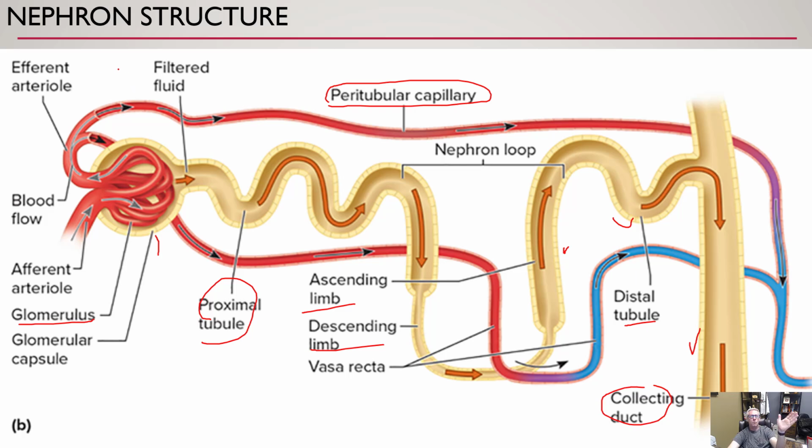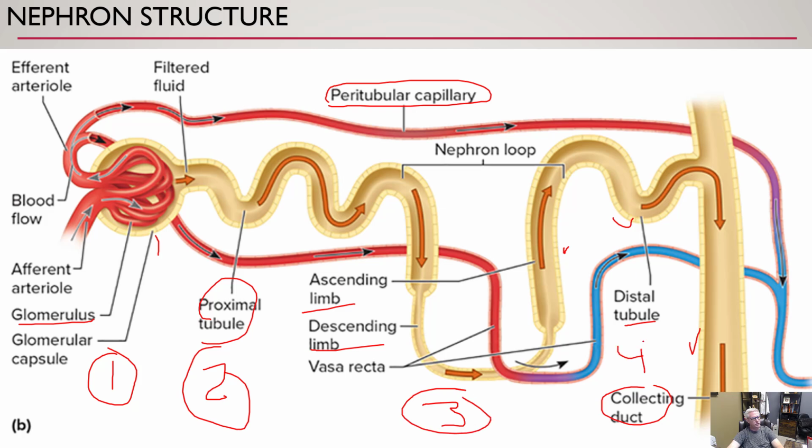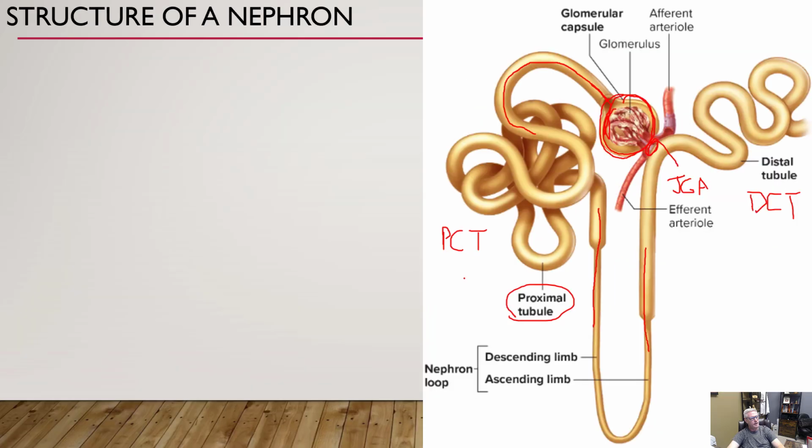When we talk about what happens in the nephron, we'll talk about the glomerulus first, then the proximal tubule, then the loop of Henle, then the distal tubule, and then the collecting duct. So it's easier on the eye to look at this kind of picture as opposed to this kind of picture.